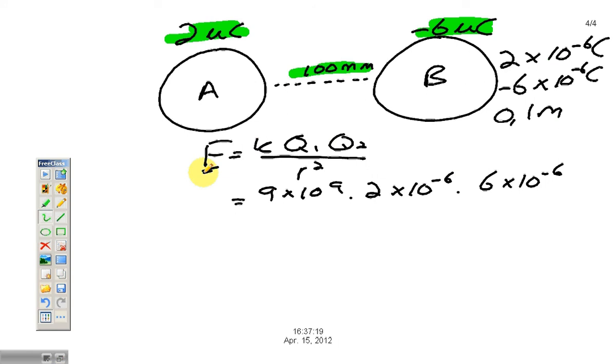So we can put a minus, and if you get a minus answer, you know that it's going to be attraction, and if you get a positive answer, you know it's going to be repulsion. But I already know that it's going to be attraction because they are unlike charges, so I don't put anything in there.